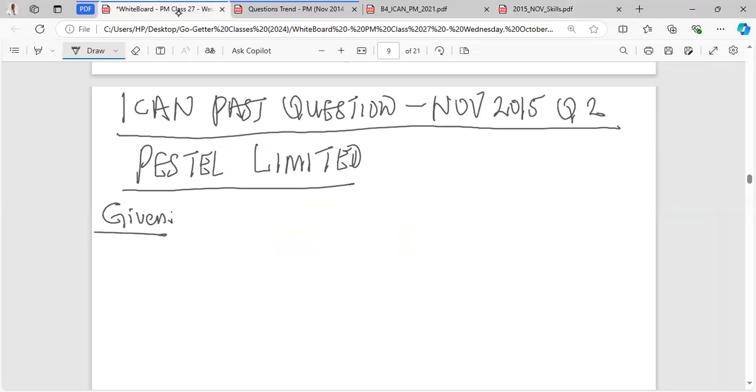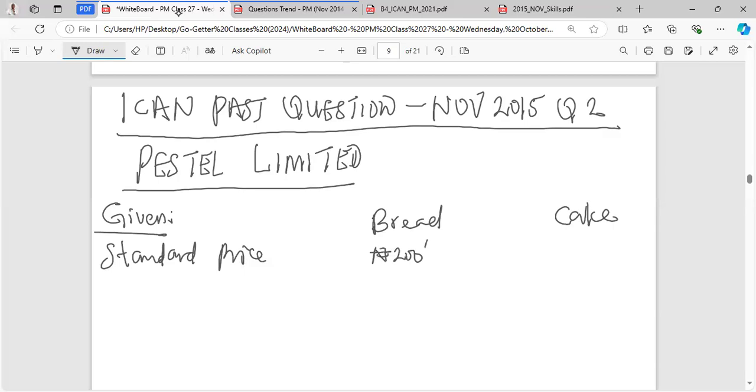So I will say this is bread and this is cake, standard price, 200 naira per kg. Same thing here, 200 naira per kg.